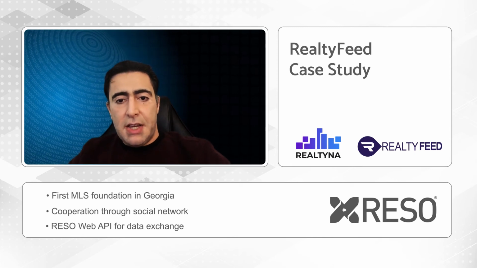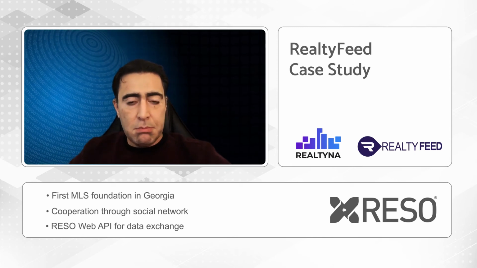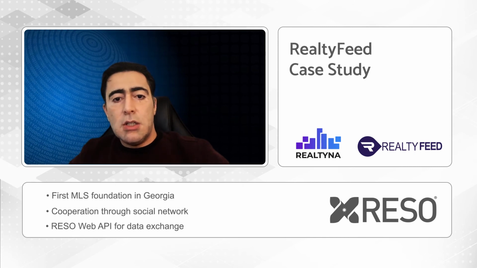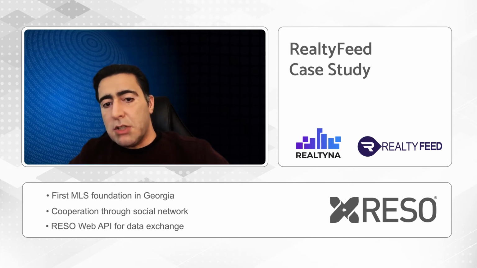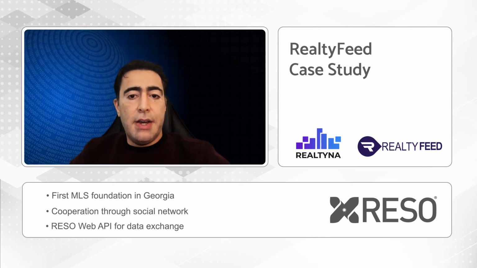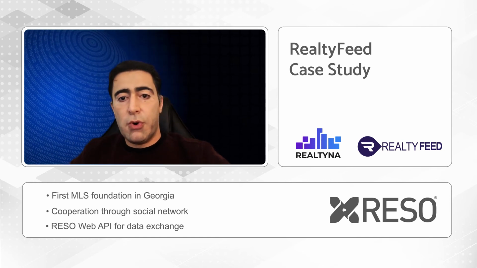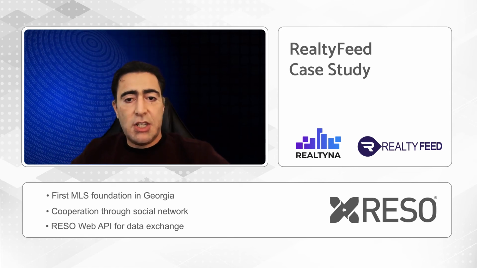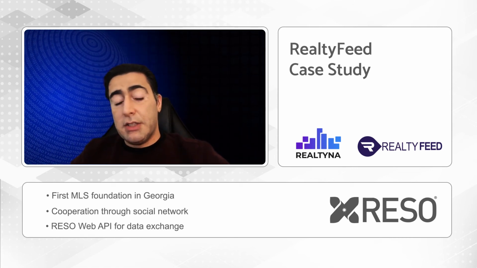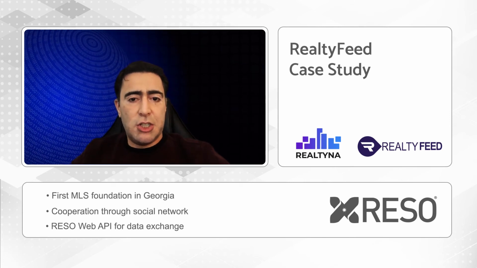In the beginning, it was a little bit difficult to adopt the new technology, but after a while, the first 3 to 4 brokerage companies decided to exchange data with each other, they adopted the technology, and they started exchanging data.